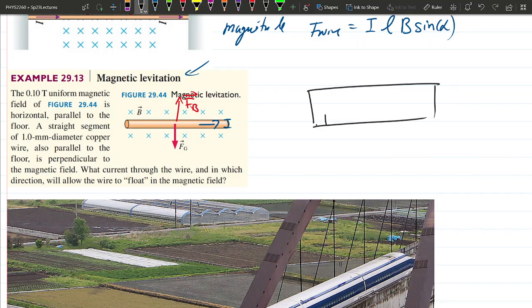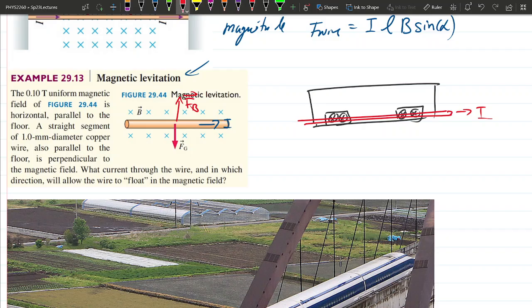The train has magnets on the side of it that maybe create a magnetic field going into the board, and the track has a wire that runs current through it.